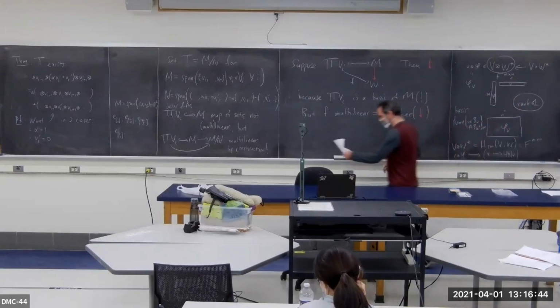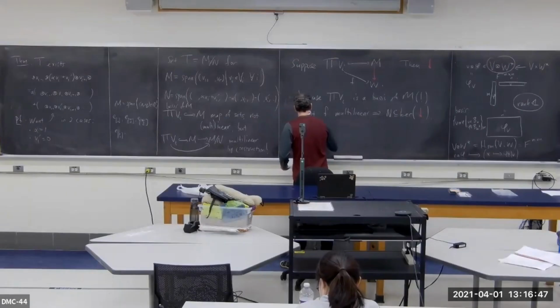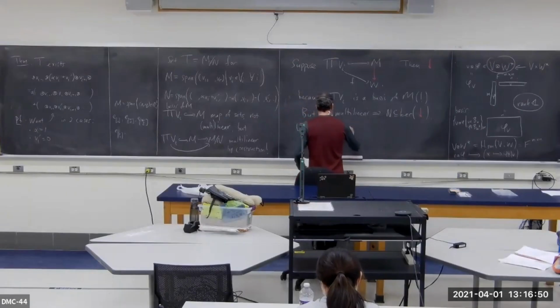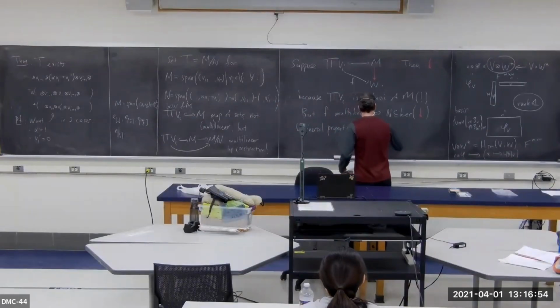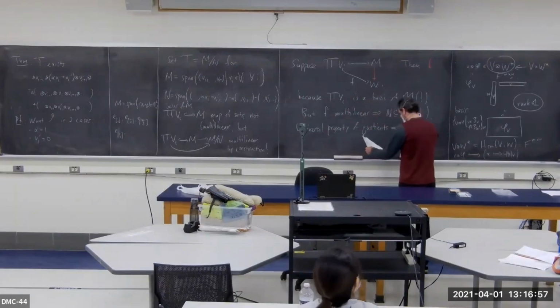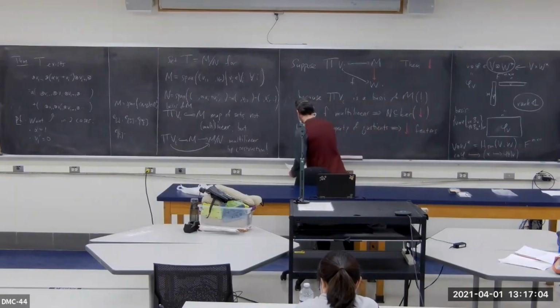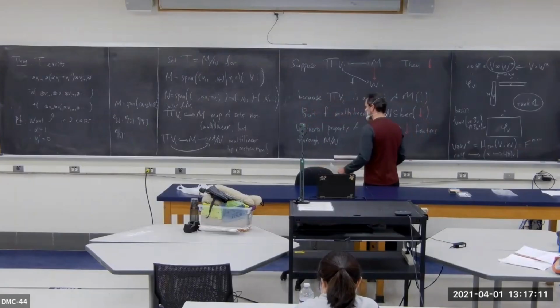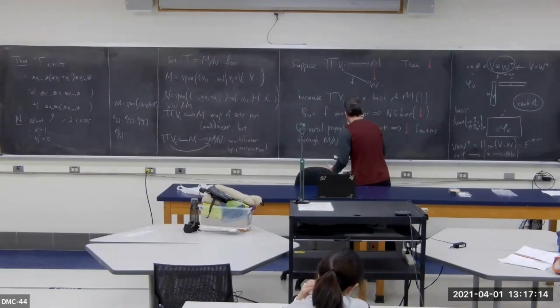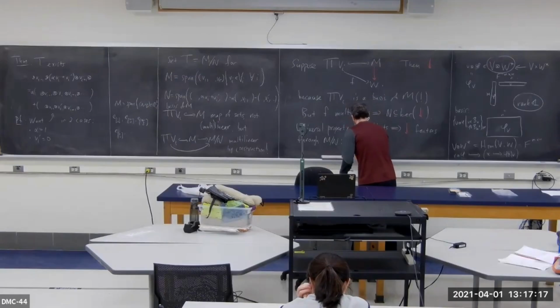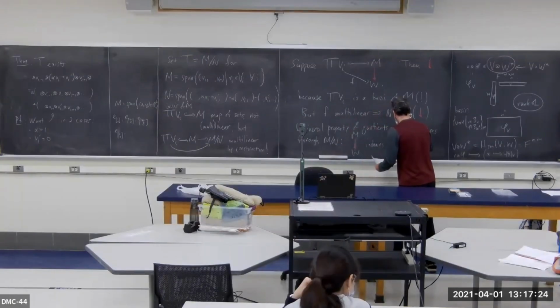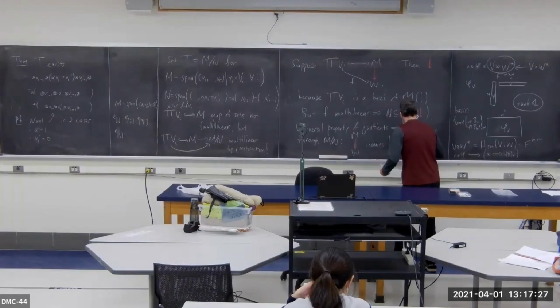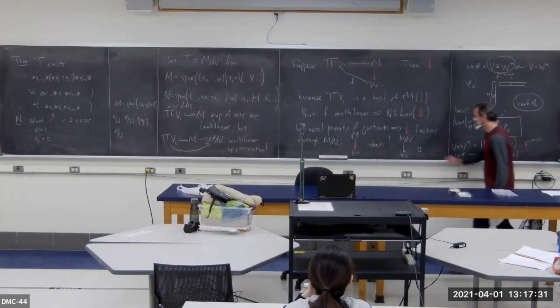So the universal property of quotients implies that the down arrow factors through M mod N. What that means is that M down arrow to W induces a unique map M mod N to W. And that was what we wanted. That's T.